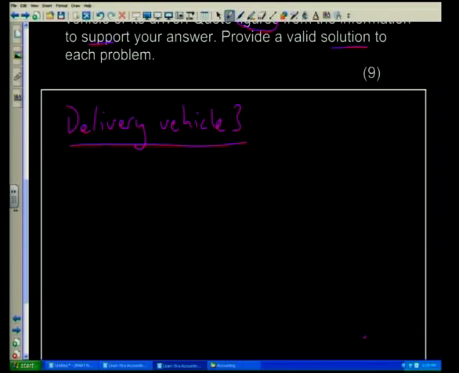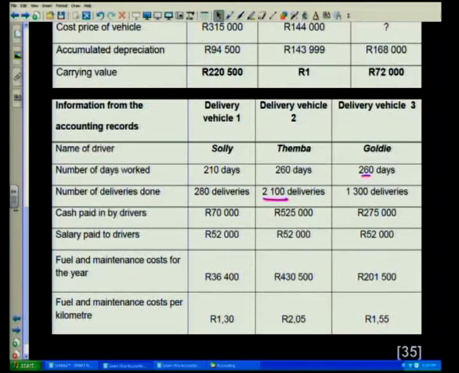This vehicle is roundabout in the middle because the driver is working the same number of days as Temba, but he's doing 1,300 deliveries instead of 2,100 deliveries. So he's roughly in the middle. He's paid in cash of 275,000, his salary is 52,000, and the fuel and maintenance costs are relatively low compared to those of delivery vehicle number 2.